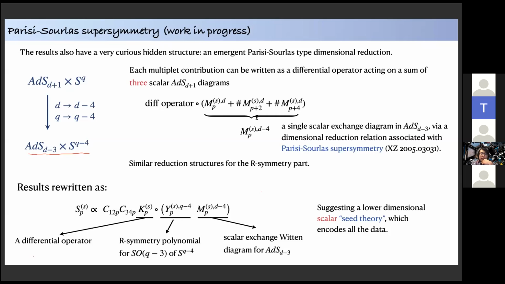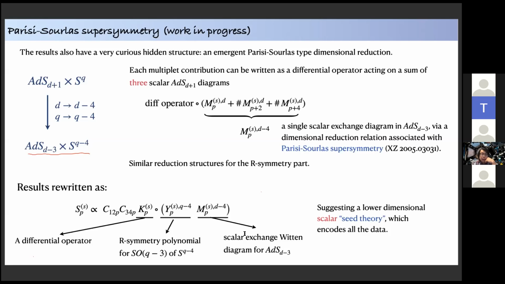This is for the AdS part, the thing that depends on S, T, or U. And there's also a completely similar reduction structure for the sphere part. Using this observation, we can now rewrite the results in a very simple form. The amplitude can be written as the product of three-point functions times some differential operator acting on a single diagram.